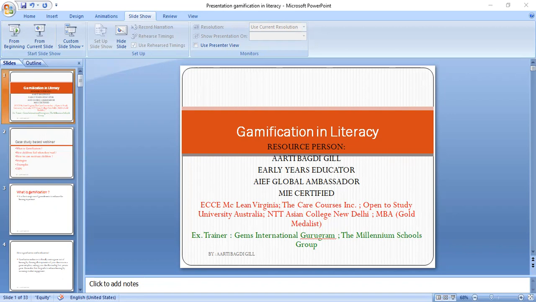Now let's start the session with the very important word that is called gamification. What is gamification? It is the strategic use of game elements to enhance the learning experience. How is gamification used in education?